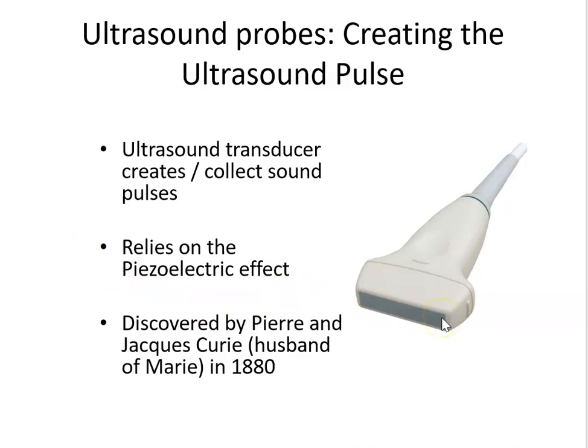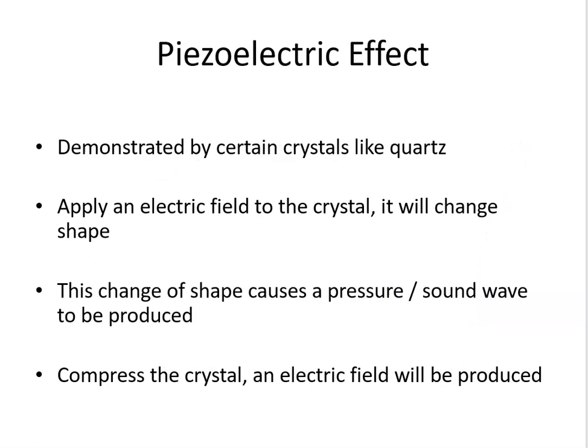That crystal will distort and emit a sound wave, and then the crystals in the detector will receive a sound wave, which will distort those piezoelectric crystals, which will then create an electrical current which will be measured as a signal.